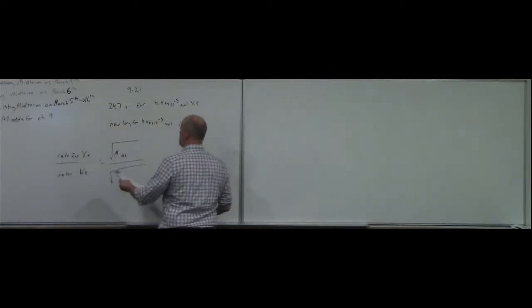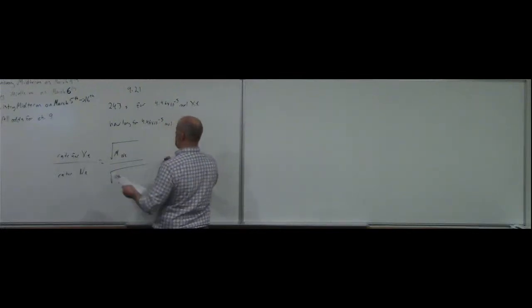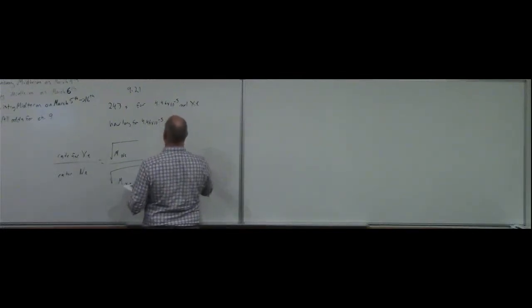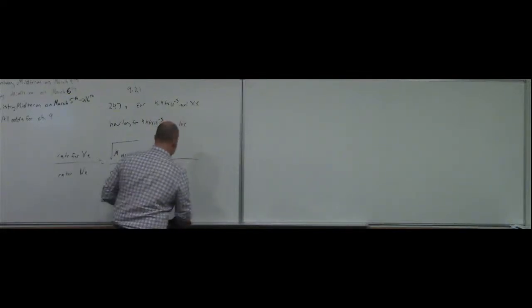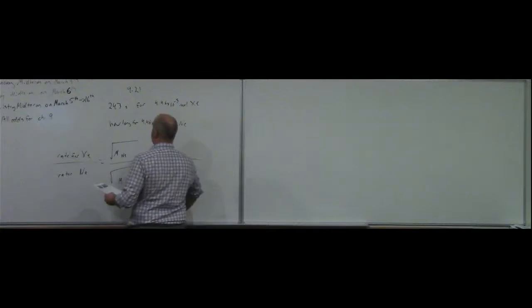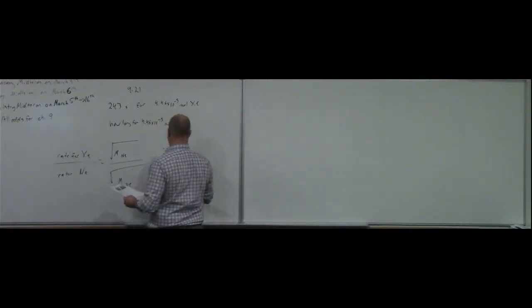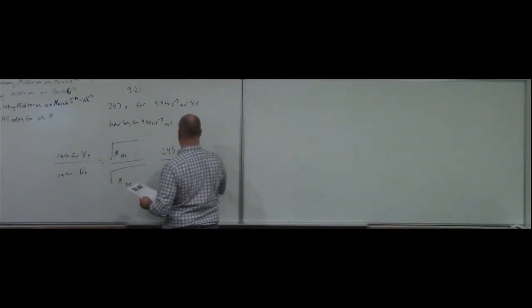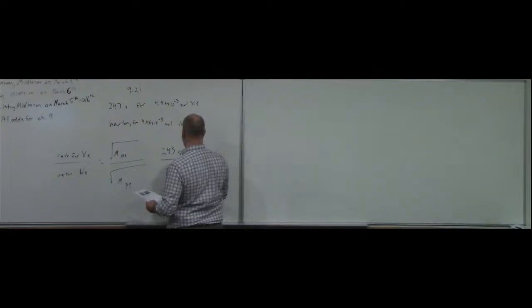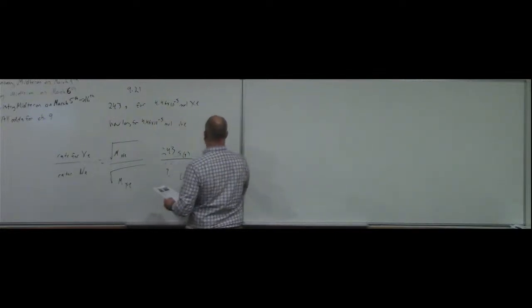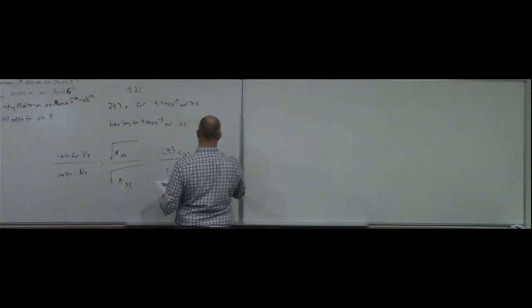Yeah. So I can use this and I can go, all right, my rate for xenon is 243 seconds for xenon. We're trying to solve for neon, and it's equal to the inverse of their molar masses.